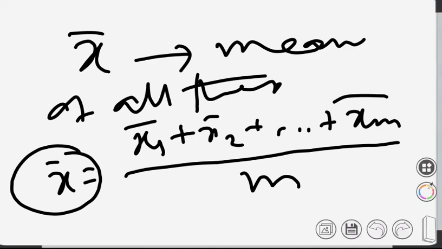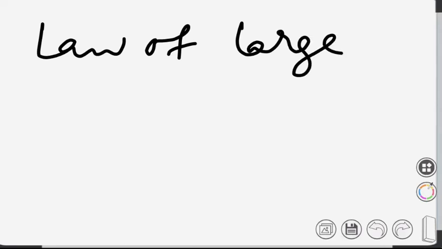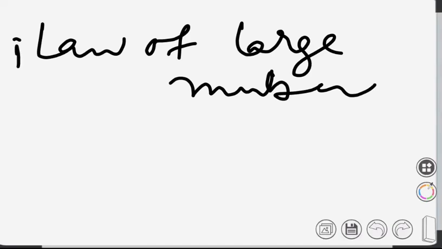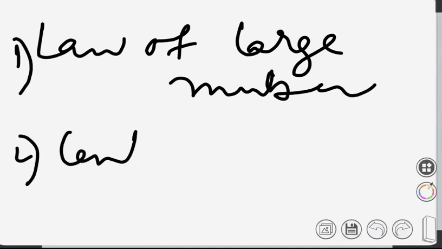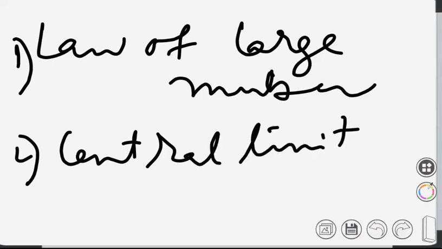Okay. Now there are two theorems. One is called law of large numbers. Another theorem is central limit theorem.